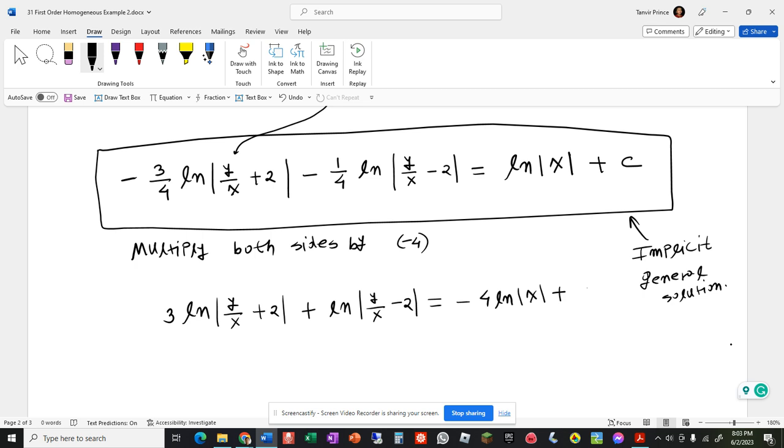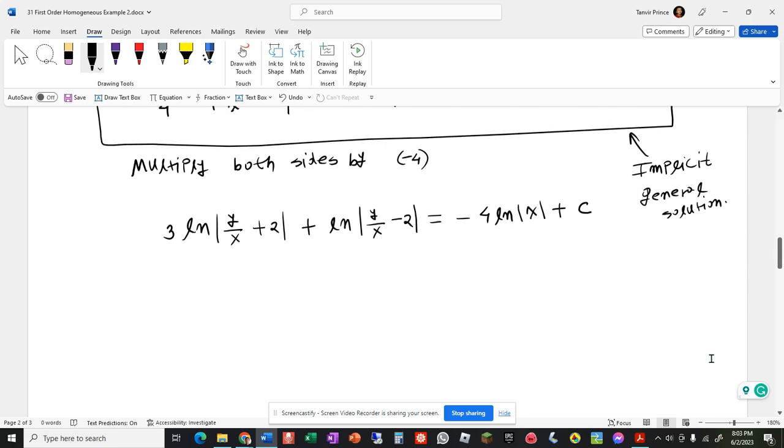But negative 4c I can just replace by c, because negative 4c is this arbitrary constant, and c absorbs any constant, which I explained in the beginning of this series. So now it looks at least a little bit simpler, right?